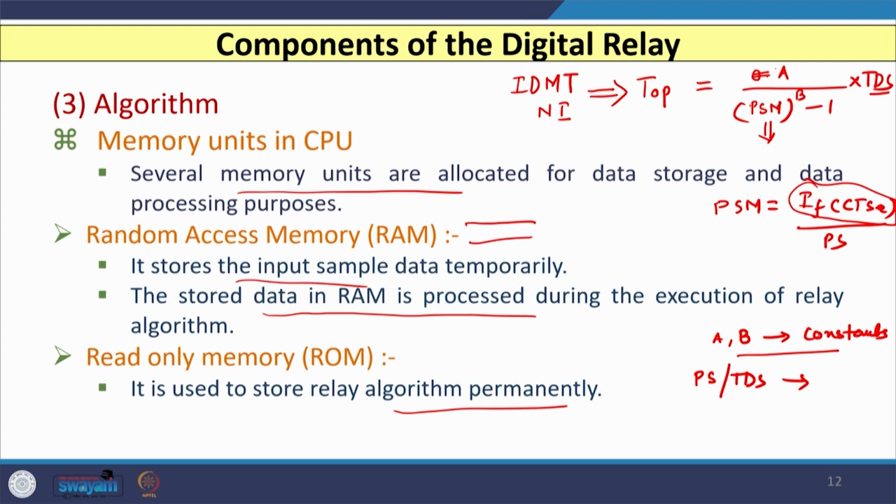So, whenever sufficient data are available, your central processing unit will run the algorithm available in the ROM. It utilizes the data from the RAM, that is the fault current data, maybe samples of fault current data, and it also utilizes all these constants and setting parameters stored in the EEPROM, and then finally runs the algorithm, and whatever is the output of that algorithm will be available.